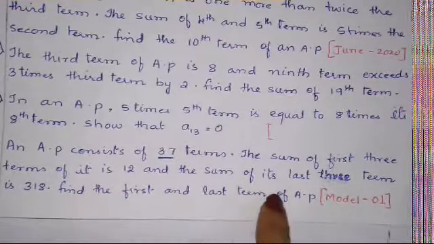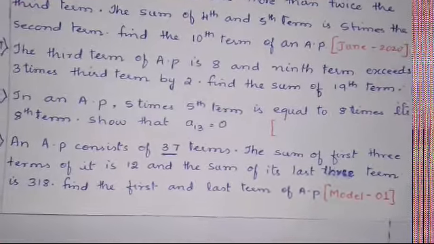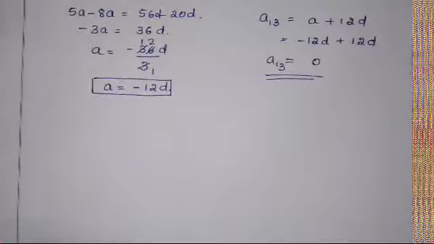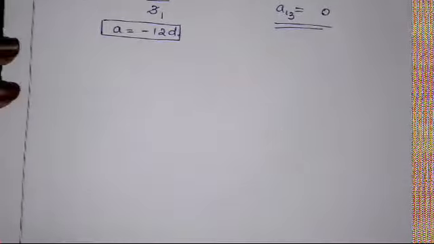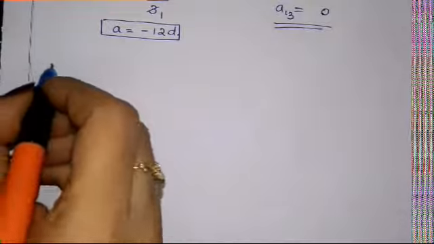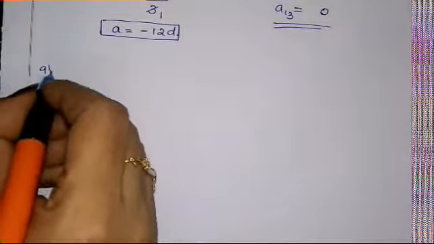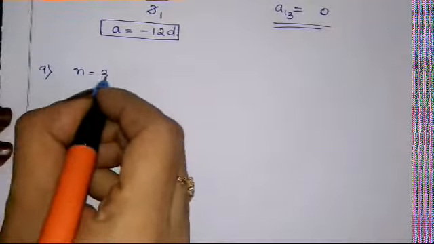Find the first and last term of the AP. An AP consists of 37 terms, so total terms n is equal to 37.